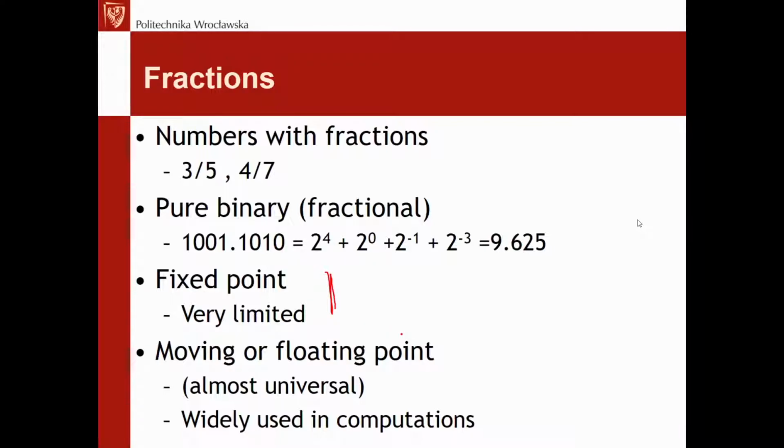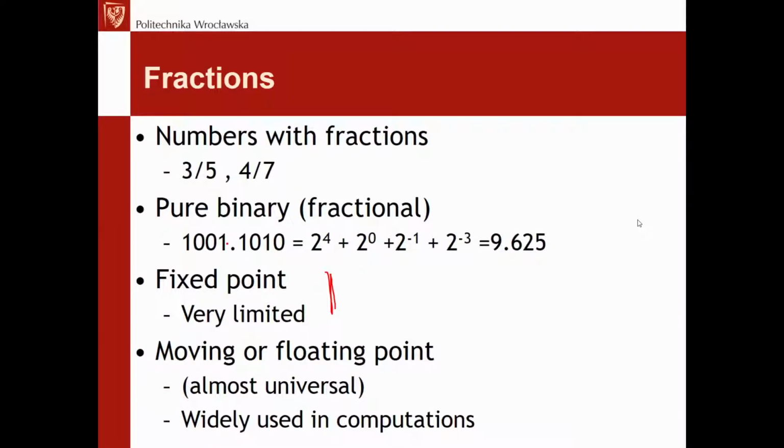This is the fixed point method. While the second one is the floating point, which is more universal yet more difficult to perform. About the floating point we'll talk a bit later. Of course, we analyze this method of coding as well, but within a few lectures, if I'm not mistaken, 2, maybe 3.